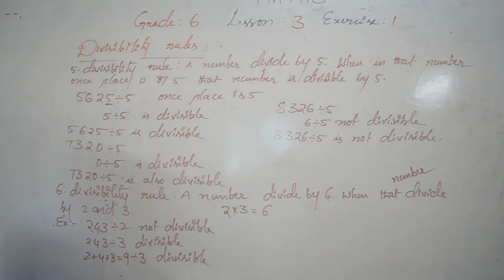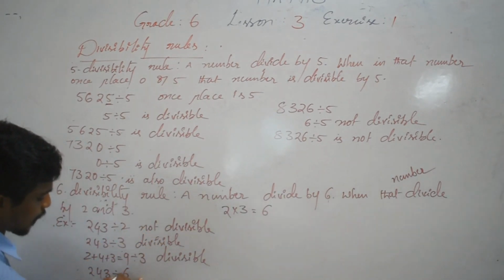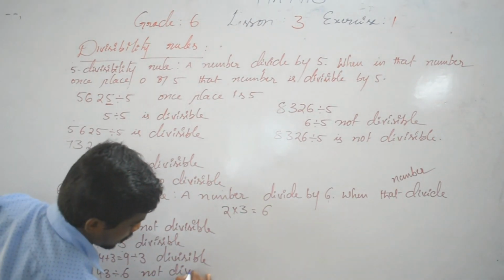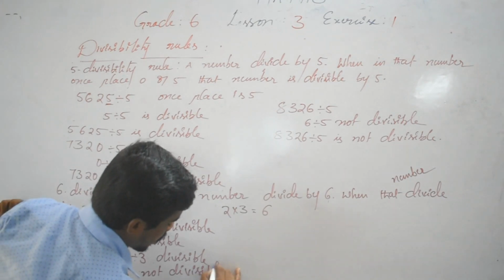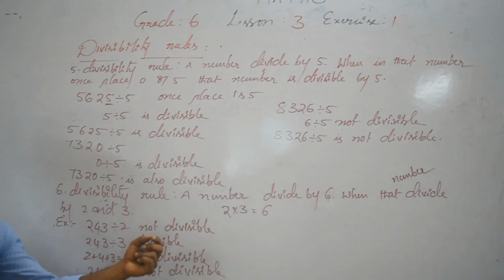Any number divisible by 6 must be divisible by 2 and must be divisible by 3. Here 2 is not divisible, so 243 divided by 6 is not divisible. Why? One rule is satisfied, one rule is not. 3 is satisfied, 2 is not satisfied, so overall 6 is also not satisfied.